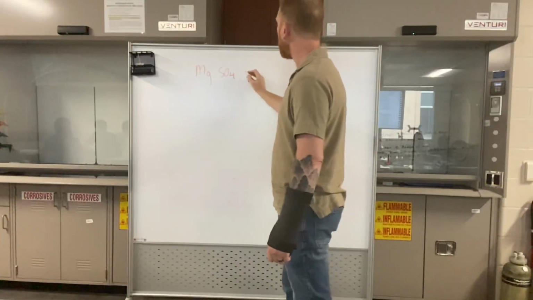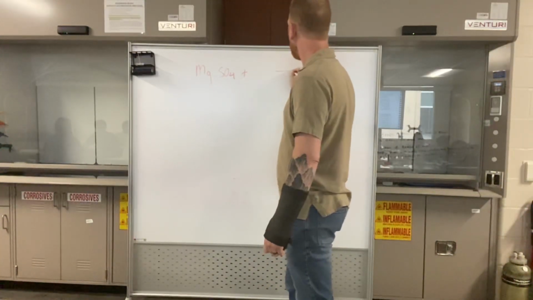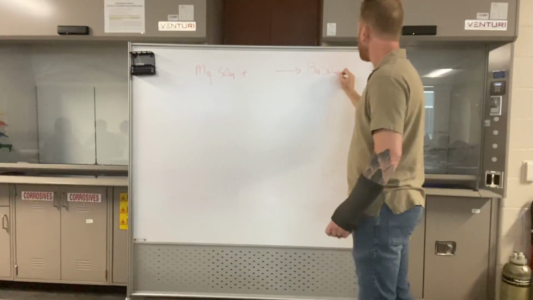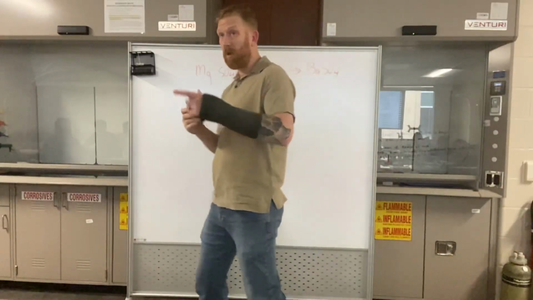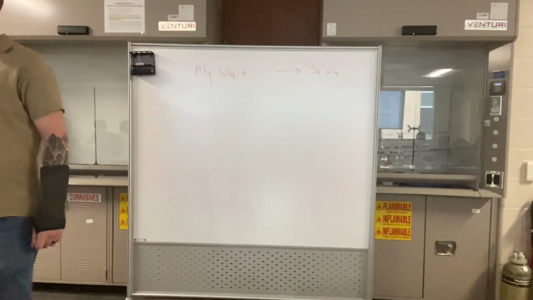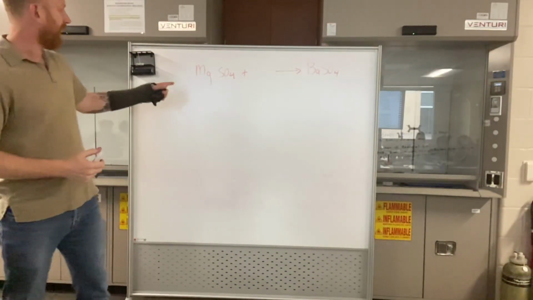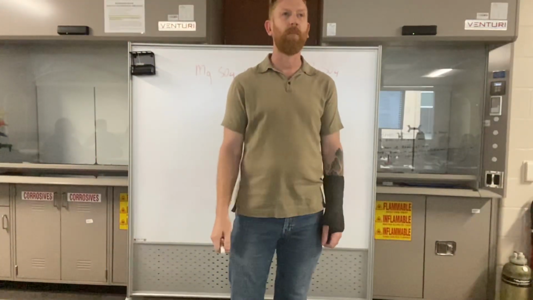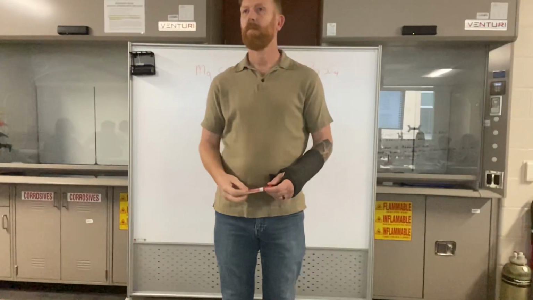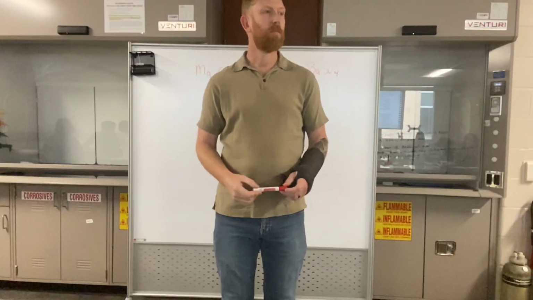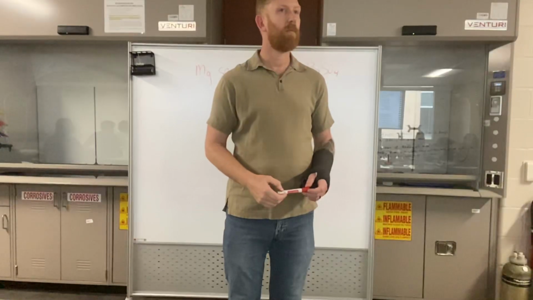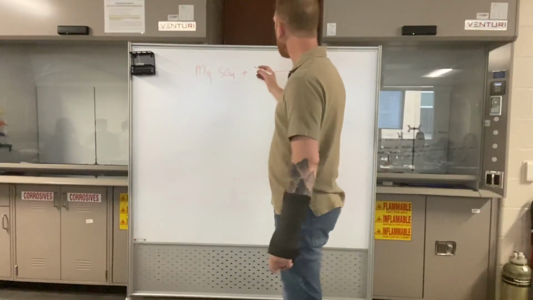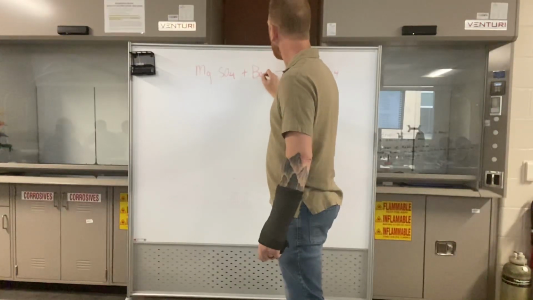So if I want to end up with barium sulfate, if we look at that table over here, what could I mix with magnesium sulfate that I can switch out to get barium sulfate? Give me something that barium is soluble with. Chloride. So you can take barium chloride.